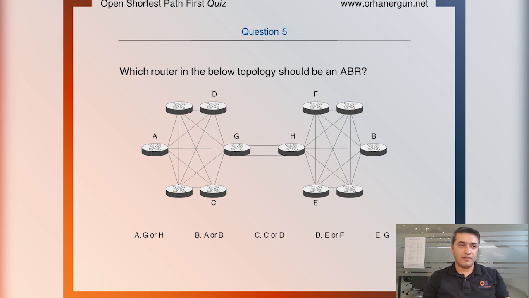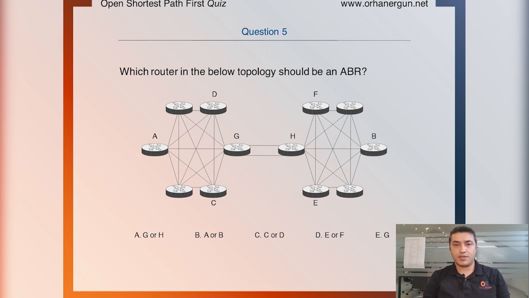Question 5. Which router in the below topology should be an ABR, area border router? Let's have a look at this topology. On the left side we have a full mesh, on the right side also we have a full mesh, then router G and router H connect these two physical full mesh domains to each other.